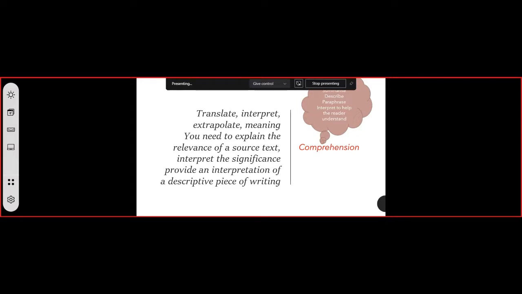And on an honors level, you could potentially be on this level, but usually we expect something more than mere descriptions. If you want to publish, definitely you're going to need to use your higher order thinking skills. So on this level, you would summarize, describe, paraphrase, and interpret to help the reader understand.